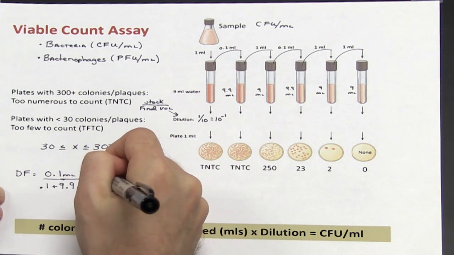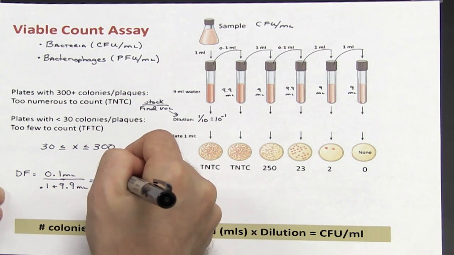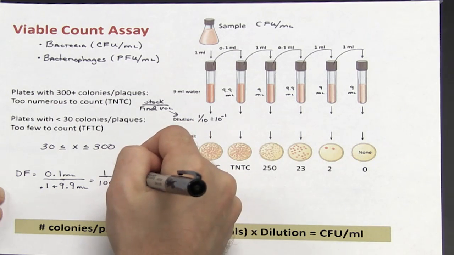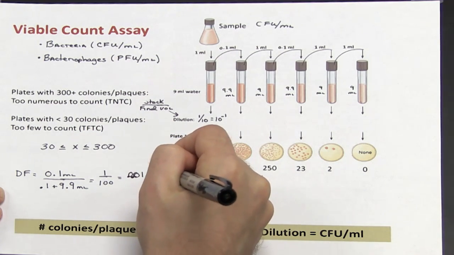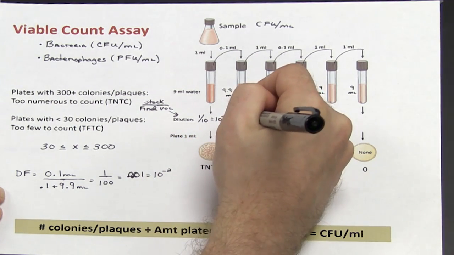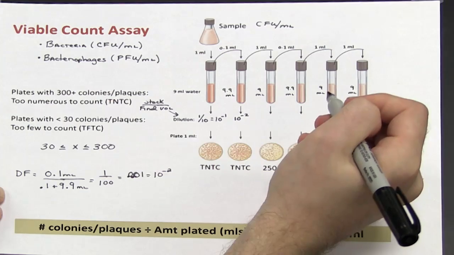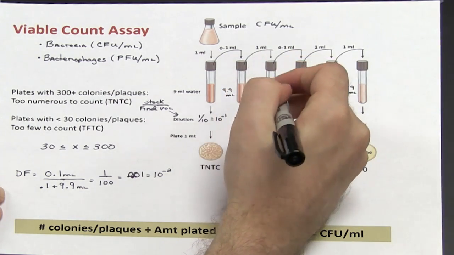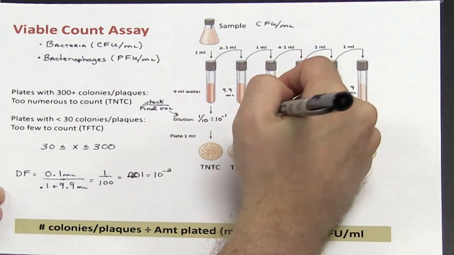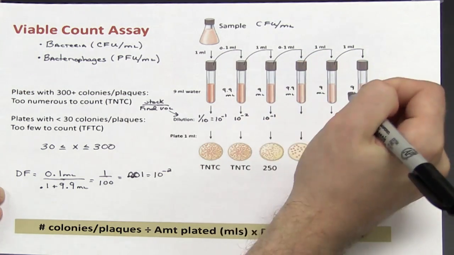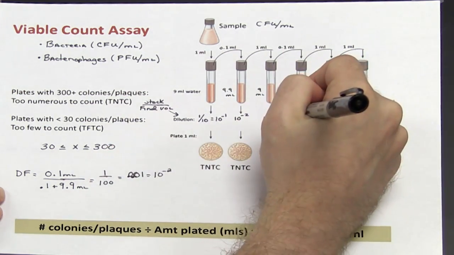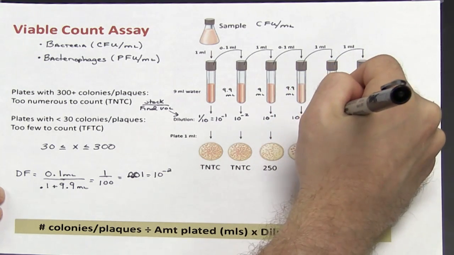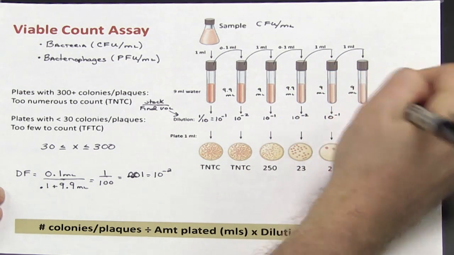And when I do that, it comes out to 1 over 100, which is the same thing as 0.01, which is the same thing as 10 to the minus 2. So this is a 10 to the minus 2 dilution. 1 ml into 9 ml is the same thing as we saw, so that's a 10 to the minus 1. 0.1 into 9.9, just as we saw here, is 10 to the minus 2, and 10 to the minus 1 and 10 to the minus 1.